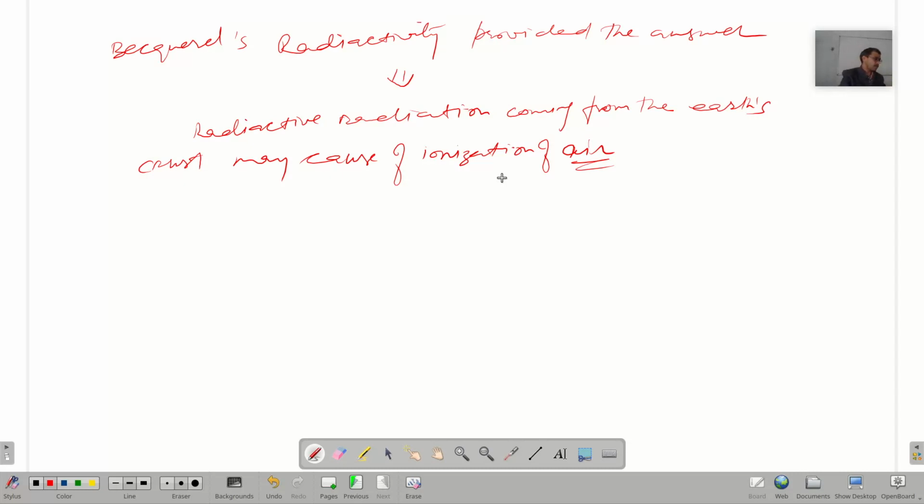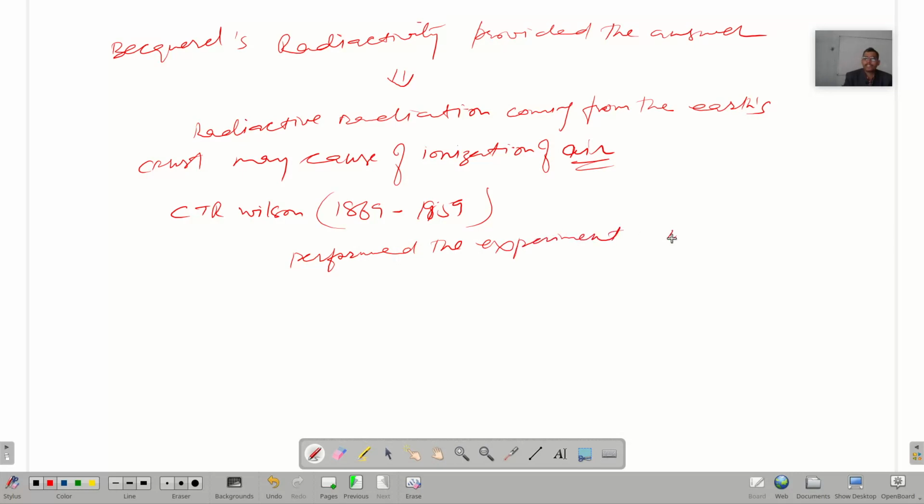But to test it, C. T. R. Wilson performed the experiment inside a tunnel.